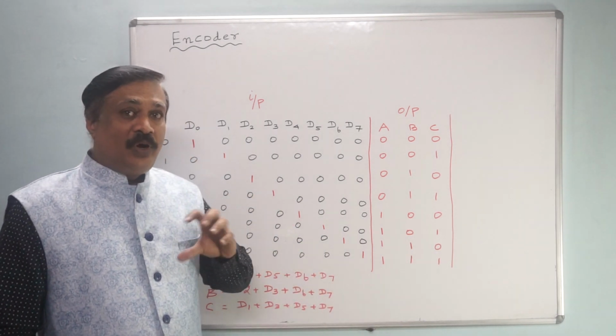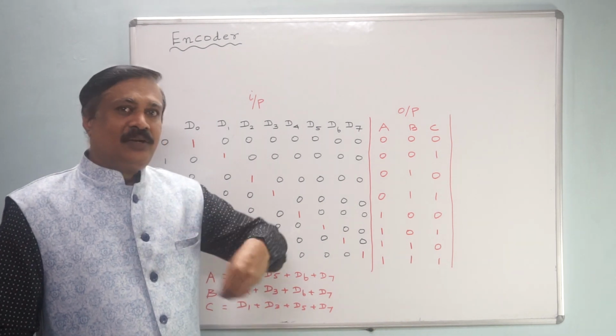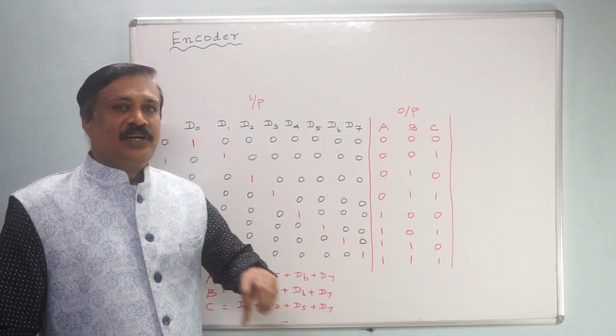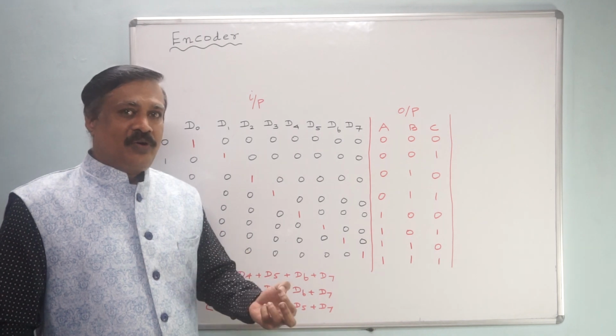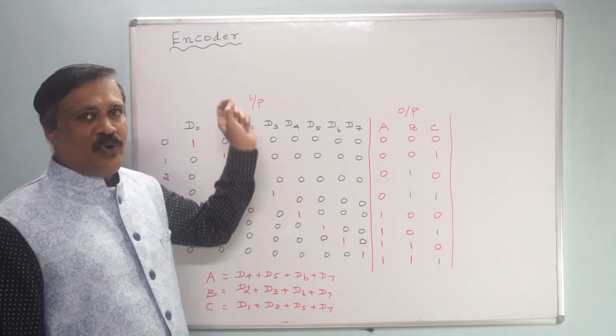That is, we are coding alphabets, decimal numbers and other symbols for the computer. That process is called encoding. The circuit which encodes the alphabets, decimal numbers is called an encoder.